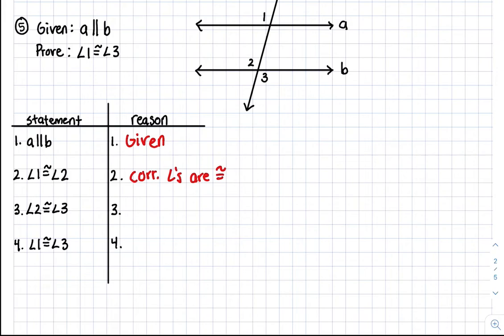Next, angle 2 is congruent to angle 3. Why? Well, angle 2 and angle 3, they are vertical angles. And you guys know vertical angles are congruent.